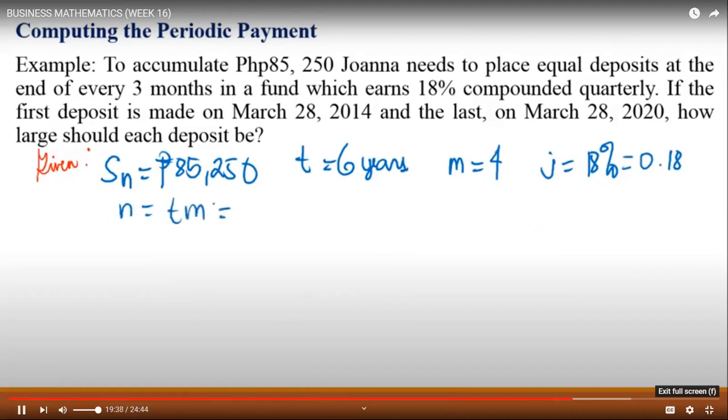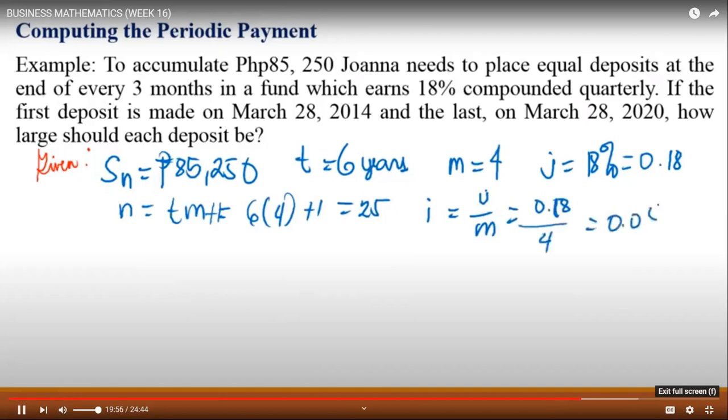Magdagdag tayo dito ng isa. So this is 6 times 4 plus 1, so this is 25. And then the interest per period, j over m, so 0.18 over 4, so this is 0.045.